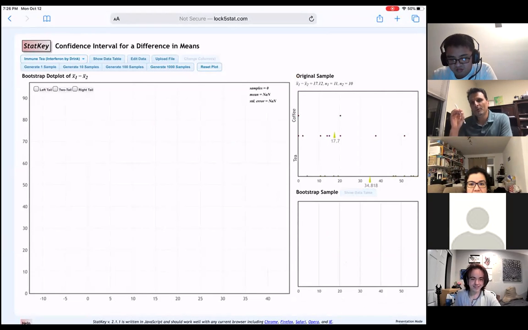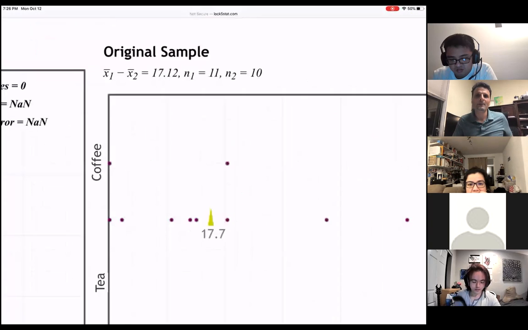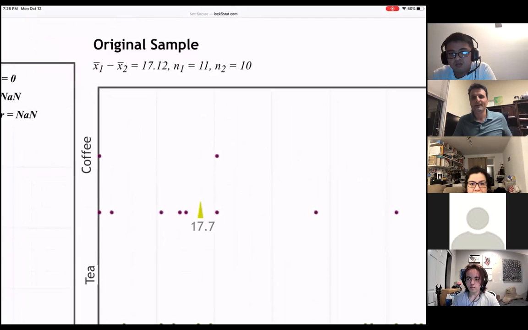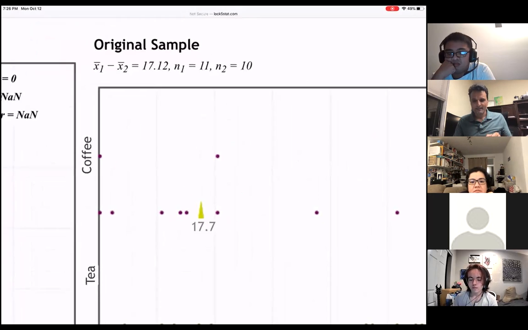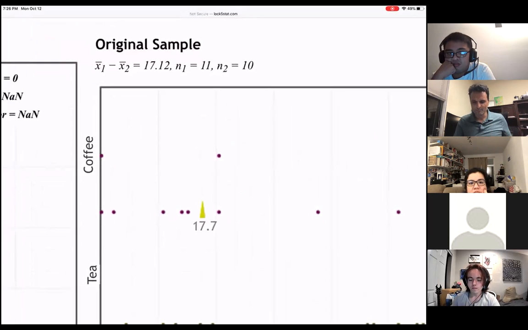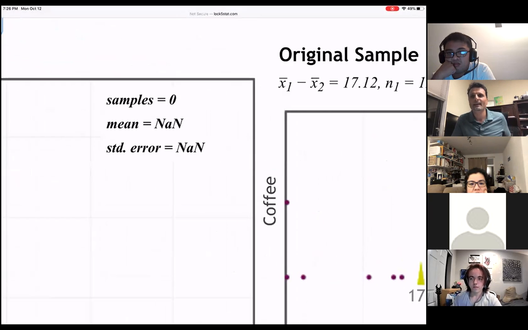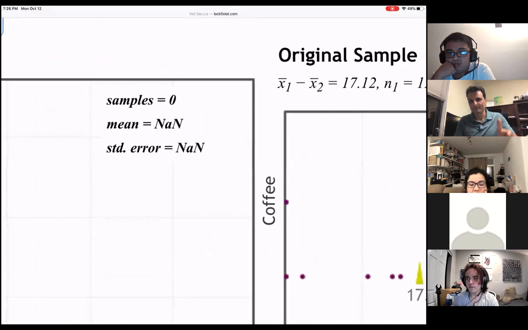If we have only the original data, only one sample, that's all the numbers we had. The number of data about coffee was 10, tea was 11, and the difference in mean was 17.2. Here we have sample 0, mean NaN, standard error is null. We cannot calculate those things.